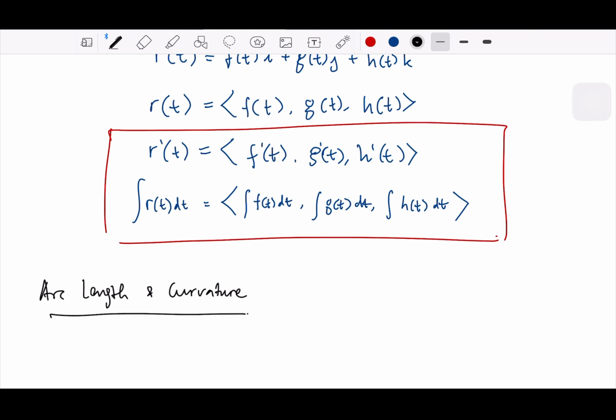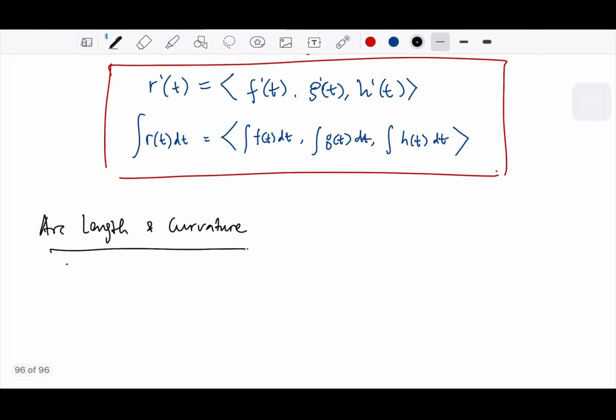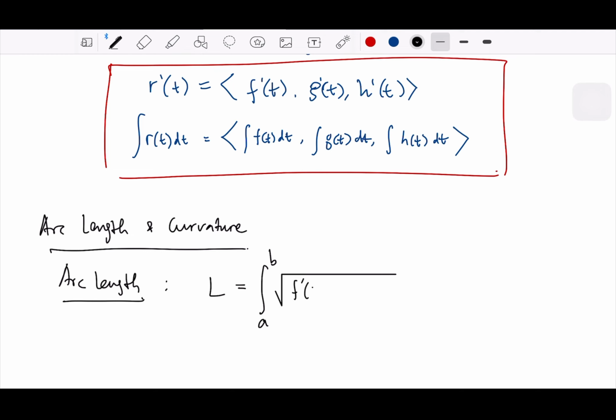Now, to begin with the arc length and curvature, let me start with the arc length and just a review. This is also related to your midterm, in chapter 10. If you have arc length in parametric form, if you remember, this will be the integral of the square root of f prime t squared plus g prime t squared.